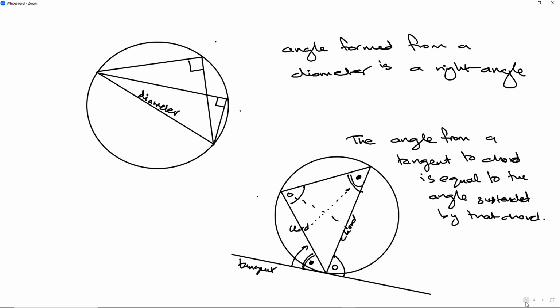All right, the previous one, remember the angle from the diameter is 90 degrees. The shortened version is sometimes known as angles in a semicircle. The shortened version of the tangent-chord theorem is tan chord.